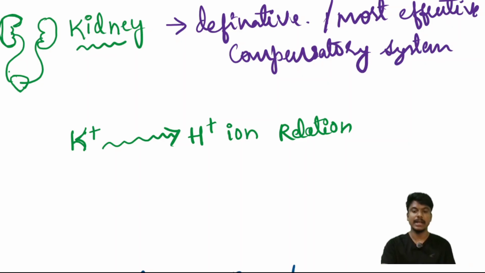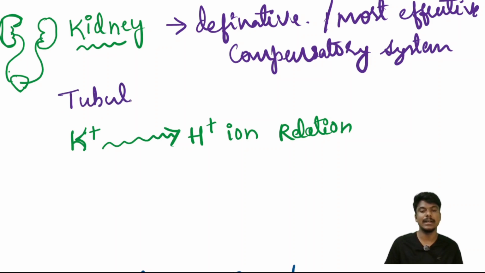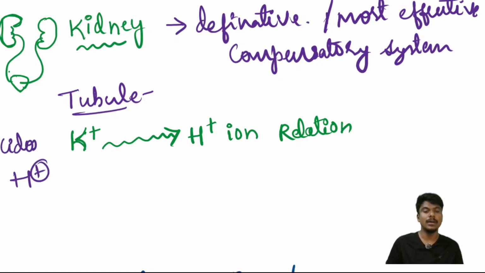I told you the kidney is the ultimate responder to acidosis or alkalosis. How it regulates is that it acts mainly on the renal tubules. In case of acidosis, there will be more H plus ion and pH is less.